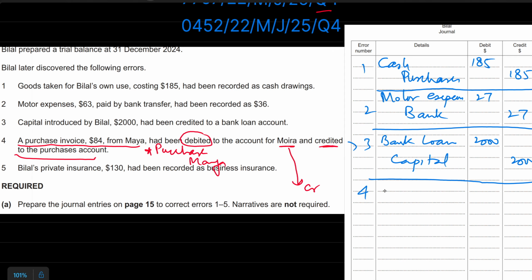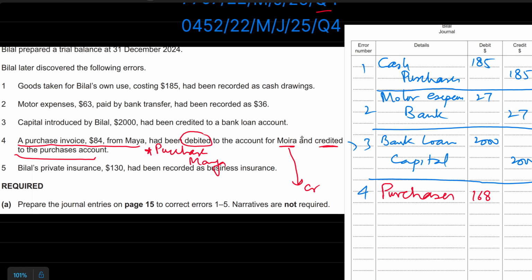Beta, purchases we had to debit, it is credited. Now because this was reversed, when a debit account is credited, it will be corrected with the double amount. Purchases will be debited with the double amount. I think it is 168.